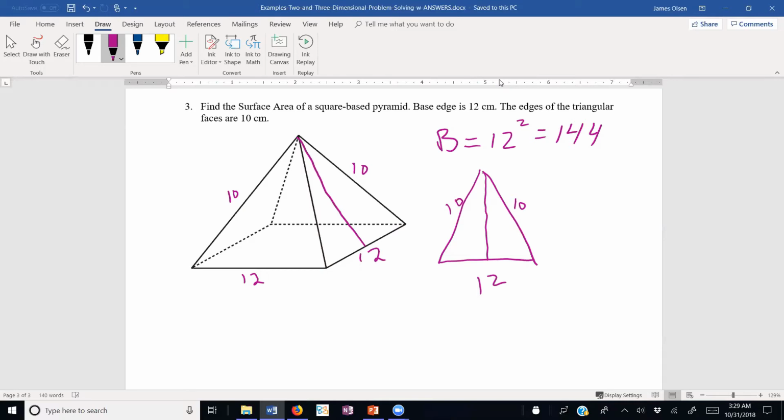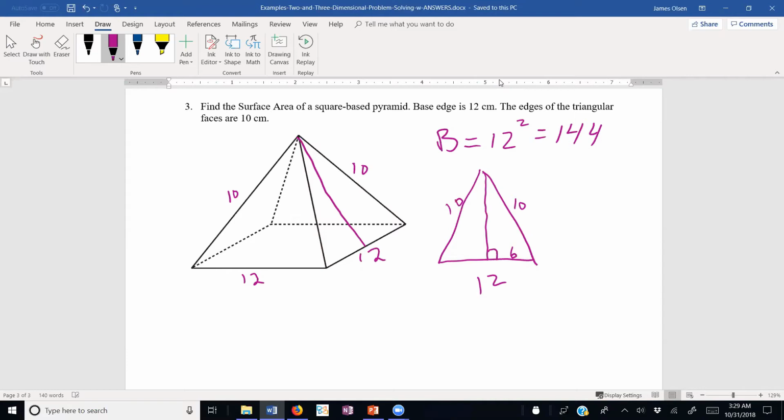Now, these two right triangles here are not going to be 30, 60, 90 triangles because we do not have a 60-degree angle, but we can use the Pythagorean theorem. So half of 12 is 6.